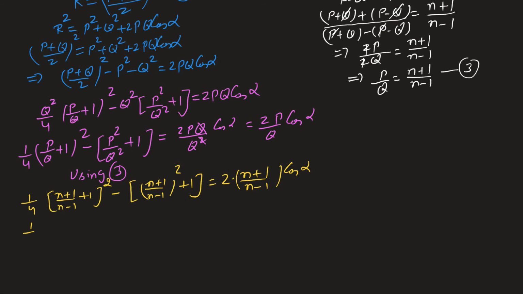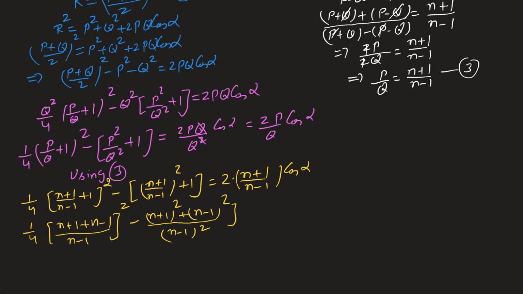So this implies that this will be further equal to N plus 1, N minus 1 divided by N minus 1 whole square minus N plus 1 whole square plus N minus 1 whole square divided by N minus 1 whole square, and the square braces. This is 2 N plus 1 divided by N minus 1 cos alpha.